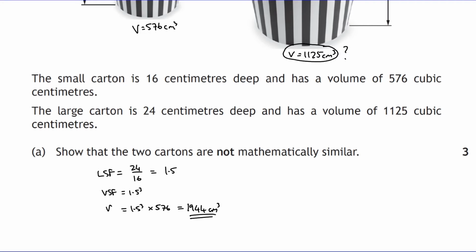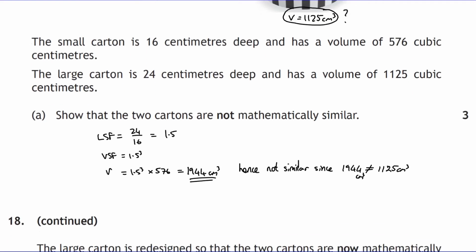So if they were mathematically similar, the bigger carton should actually hold 1944 cm cubed. So we've shown that they are not mathematically similar, since 1944 does not equal 1125 cm cubed.